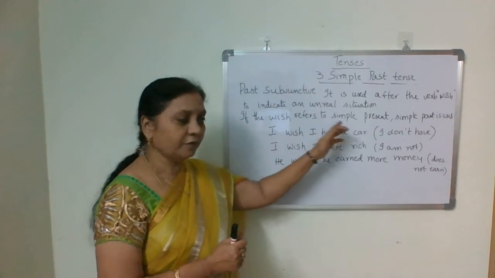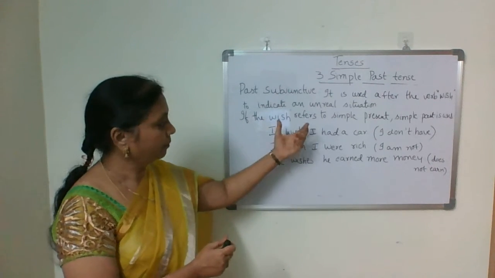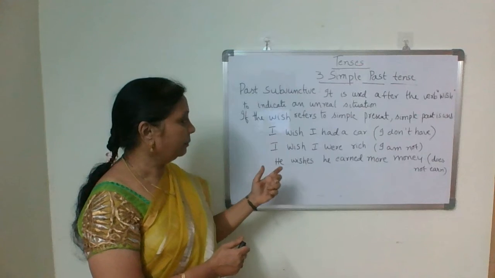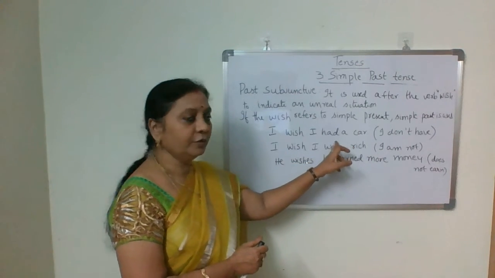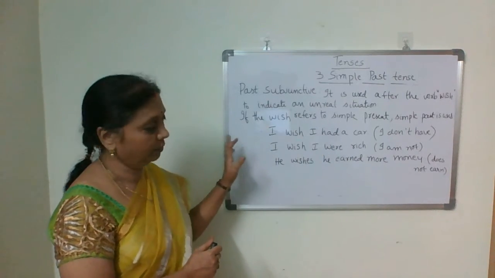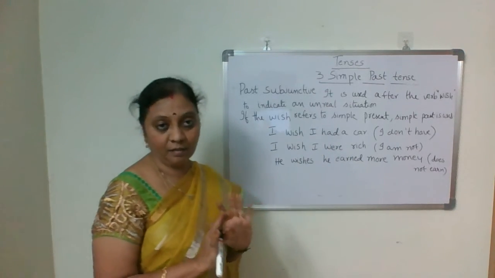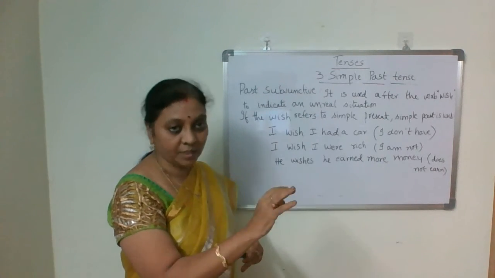If the wish refers to simple present, simple past is used. If the situation represents simple present, we have to use simple past in these situations. They are unreal situations. That is called past subjunctive.